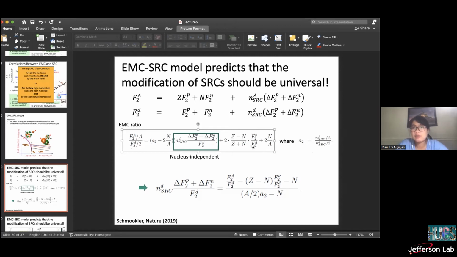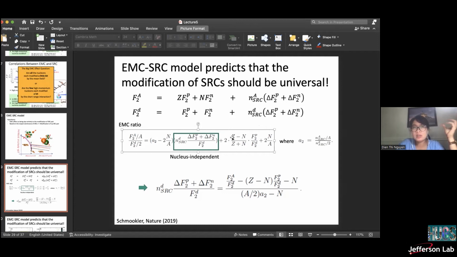Yep, it is for the neutron. One thing is that we want to use the ratio of proton to neutron here, because we don't want to deal with the nuclear effect of the F2N, since I mentioned that the neutron in the nucleus is not the free neutron. So if we use something related to F2N here, it will be nuclear model dependent as well. That is why we are using the ratio. It can be obtained directly from the measurement as well.